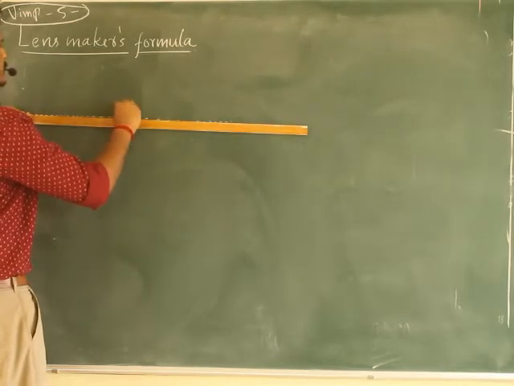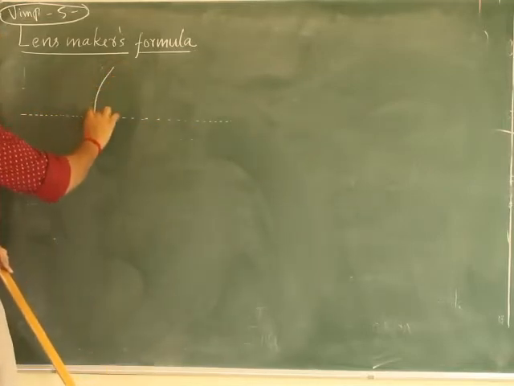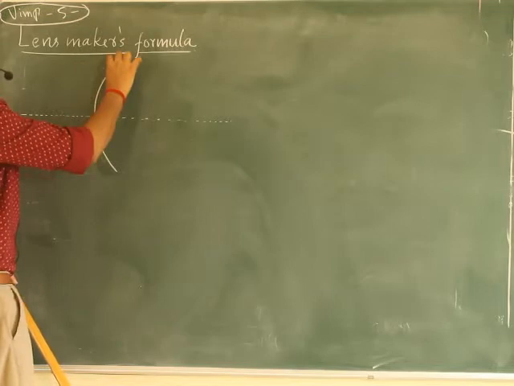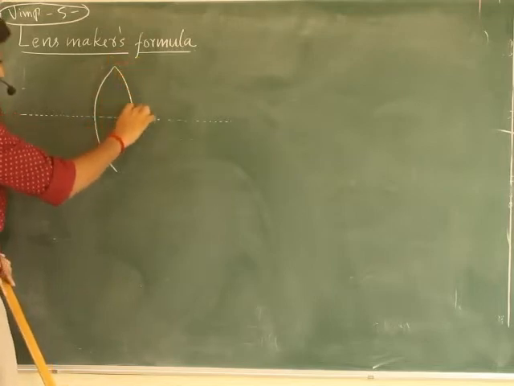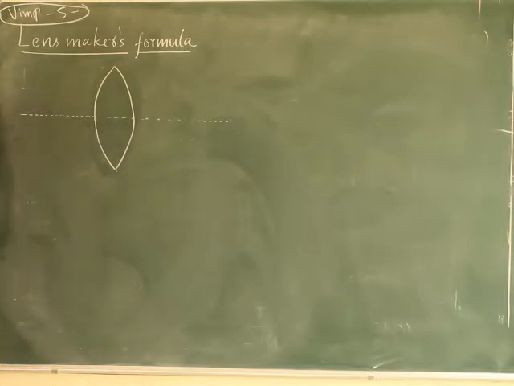Yes, you can make it slightly thicker also, no problem, because if I use a thin lens in the diagram you won't be able to see it clearly. Whatever, I have made a slightly thicker lens, but in your notes you need not draw a very thick lens, okay, because the concept is actually based on the thin lens.